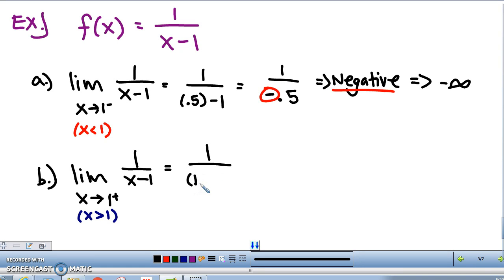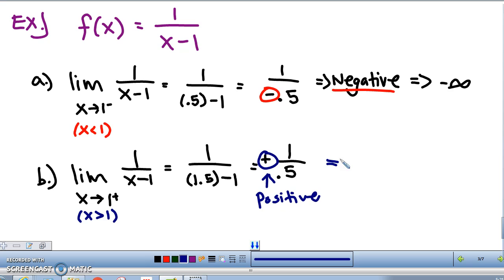So this one you might want to pick positive 1.5. Okay, so we get a positive sign. This implies that we go to positive infinity.